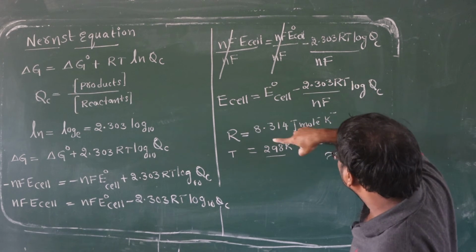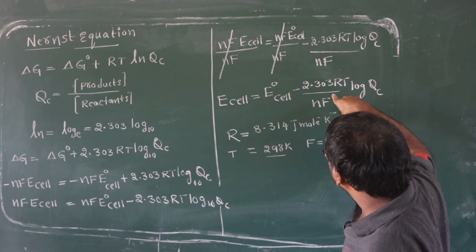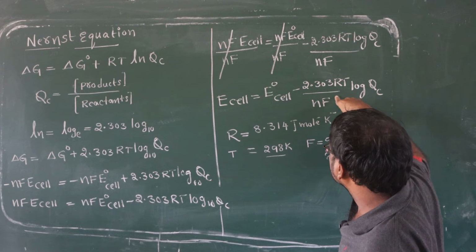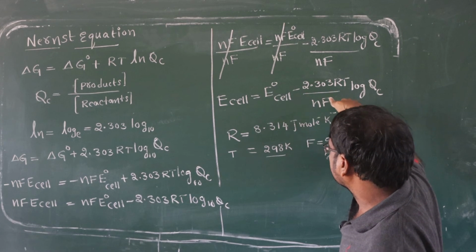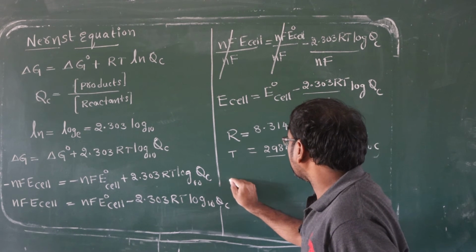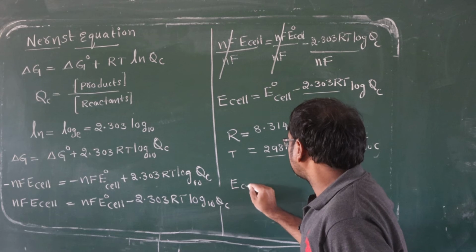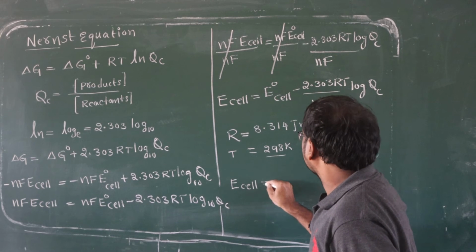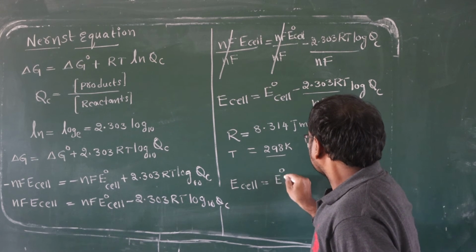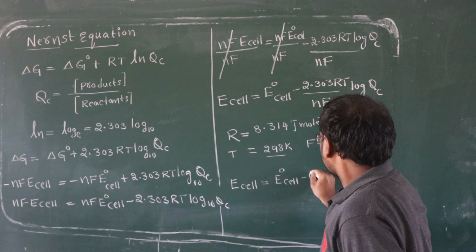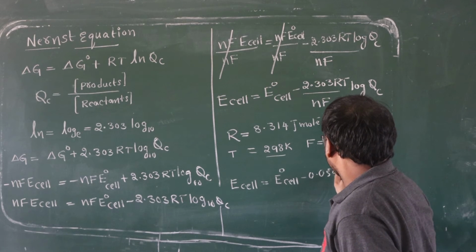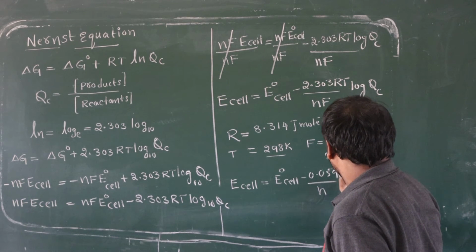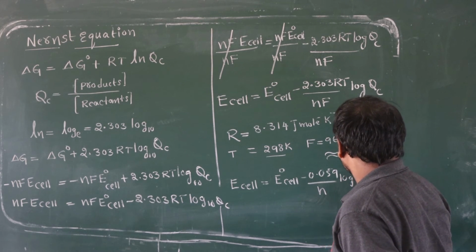So if we substitute all these terms in this equation, what will we get? We will get a constant, this much value: 0.059 by n log Qc.